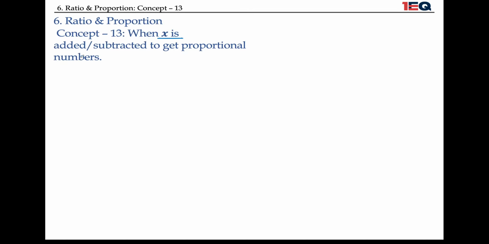When x gets added or subtracted to get proportional numbers. See, what happens is when two numbers are not yet in proportion unless something is added or subtracted from them. Plus minus x, plus minus y, right? Plus minus x, plus minus x.